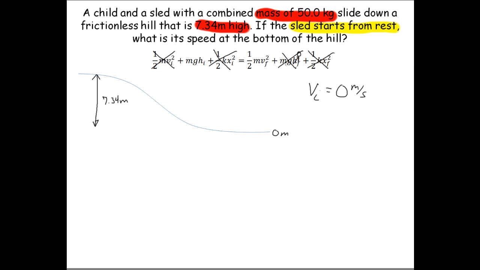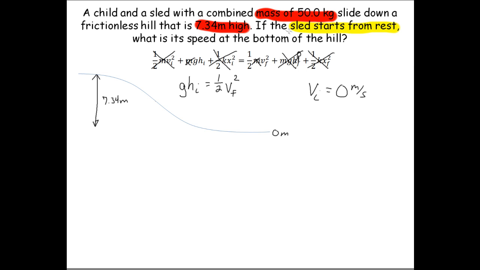All the terms have mass in them. So if I divide both sides by mass, they cancel out. I'm left with the acceleration of gravity times my initial height equals 1/2 my final velocity squared. You can see how much I have simplified this whole big equation down into just these few terms.